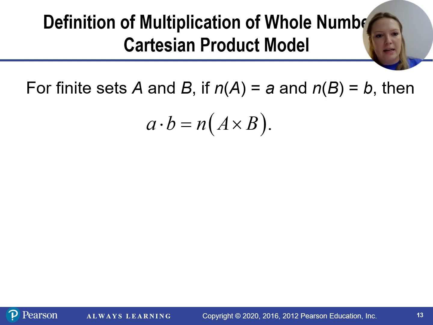So for any finite set, if the number of things in set A is little a, and the number of things in set B is little b, then multiplying the number of items in A times the number of items in B will give us the number of items in that Cartesian product of A cross B. This is how we define multiplication using the Cartesian product model.